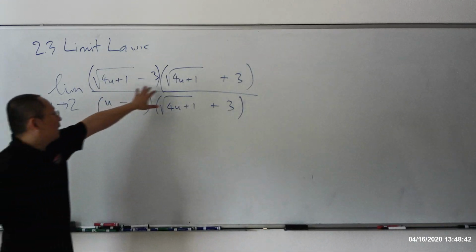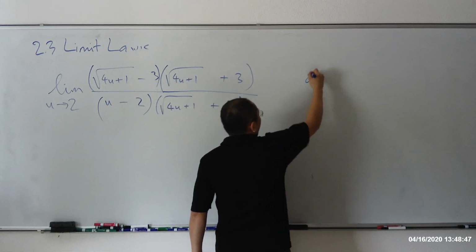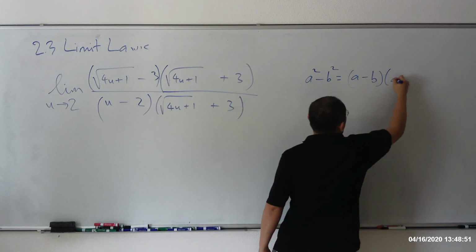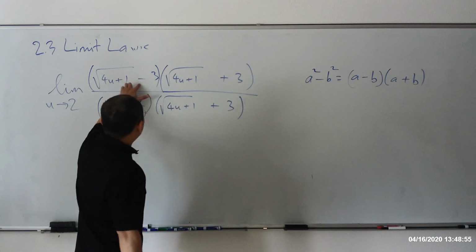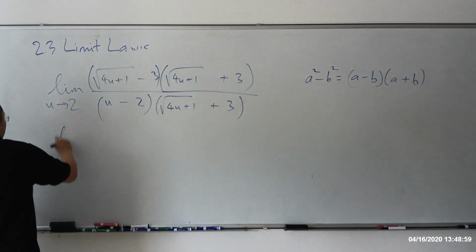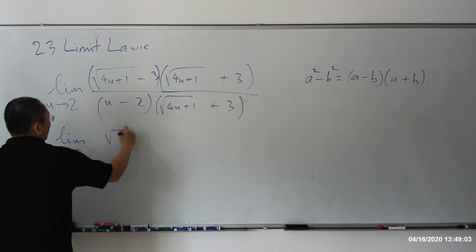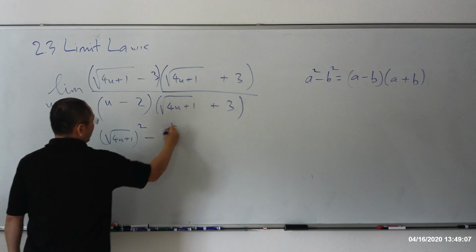And what is so good about multiplying by the conjugate? Again, recalling the formula, a squared minus b squared is equal to a minus b times a plus b. So what we have on the numerator is a minus b times a plus b. Applying the identity, when u approaches 2, we have square root of 4u plus 1 squared minus 3 squared.